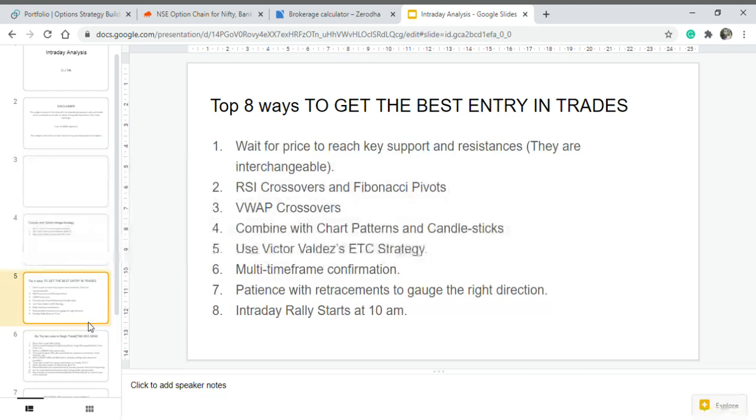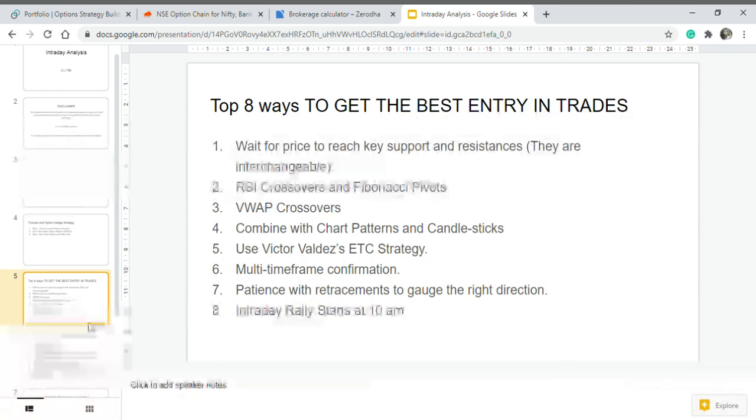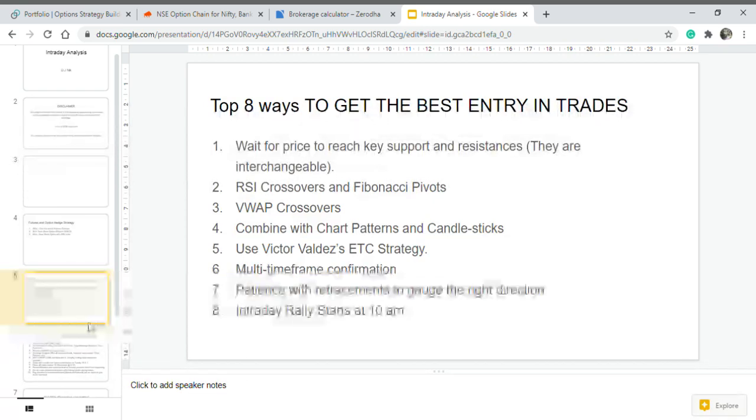So what we are going to be looking into today is how do we get the best entries and trades. For beginning traders that are just starting out, there are eight basic things that you must follow. So let's take a deep dive into what these really mean and how we apply them.